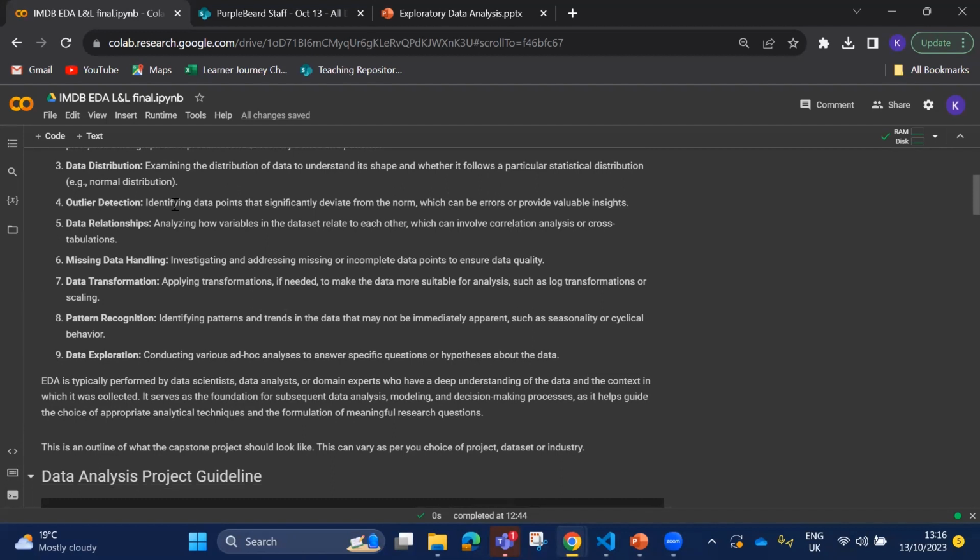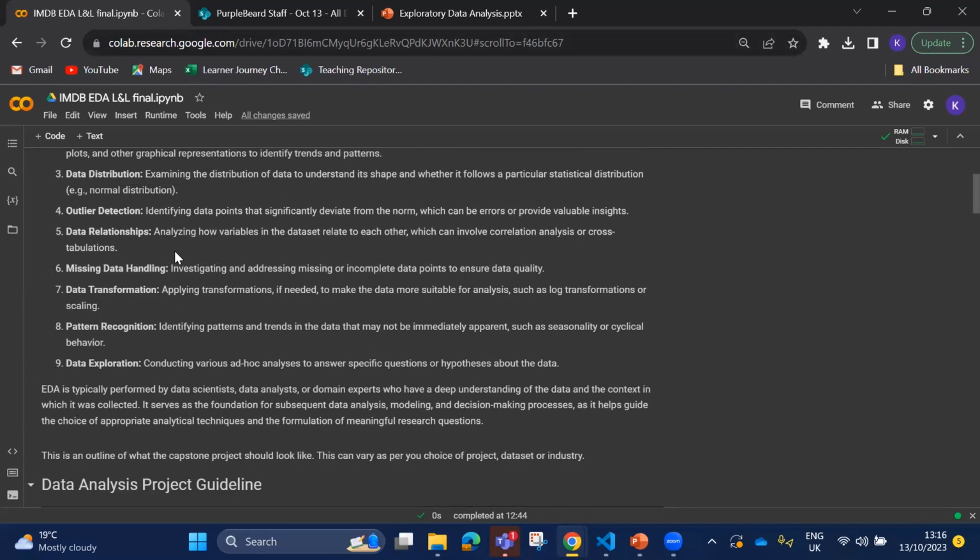Then we see if there are any outliers in my data set. There are always outliers in data. Think about this, let's say we talk about the property prices of a particular region. Overall, the property prices in that region are at the same level.